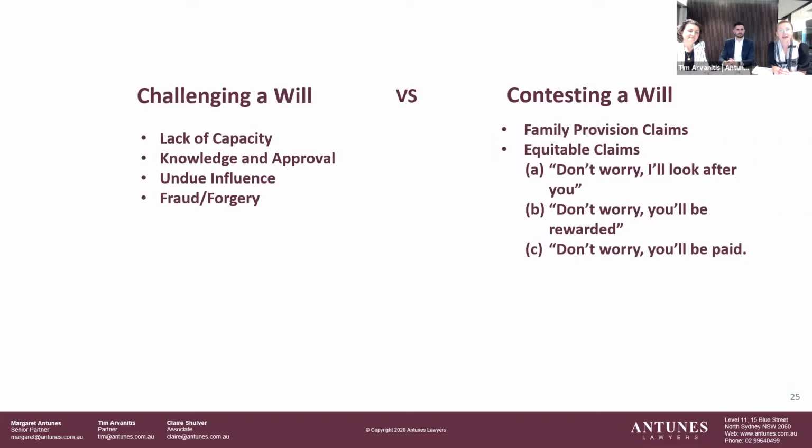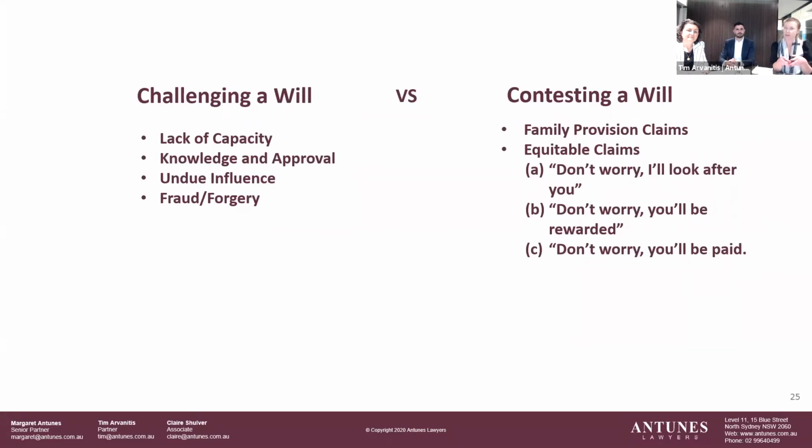The other issue is that at law, when you're drafting a will or signing a will, you need to know and approve the contents of your will. That means you need to know what assets you have in order to give them away to the beneficiaries that you want to give your estate to. You need to understand what your estate involves and the kinds of claimants that can make a claim on your estate.